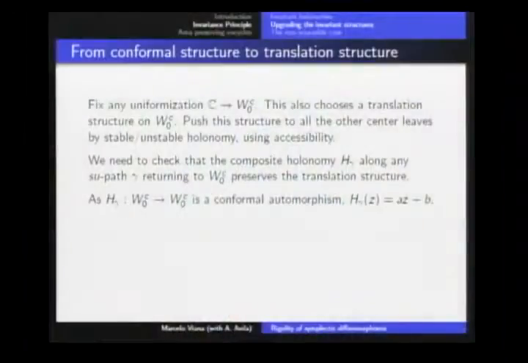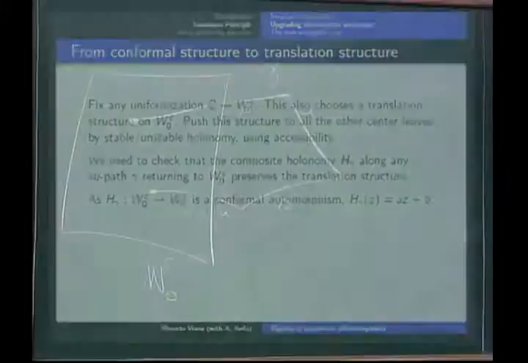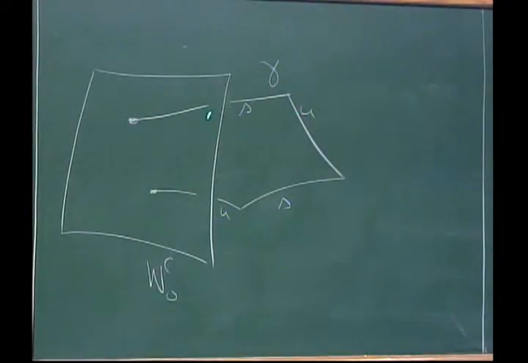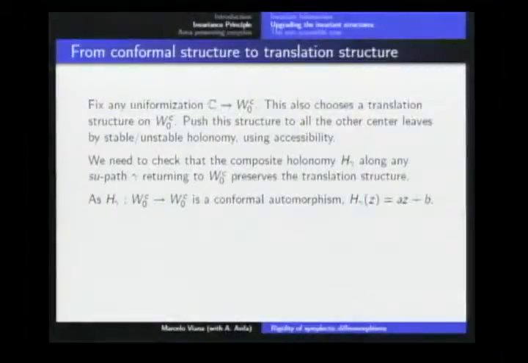Now, since my center leaves are already Riemann surfaces, and the conformal structure is preserved by the holonomies, this composition is a holomorphic map from the complex plane in disguise of the center leaf through 0 to the complex plane.